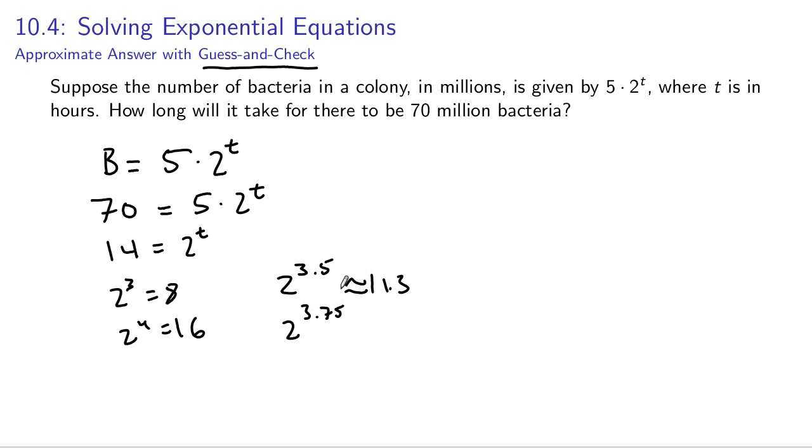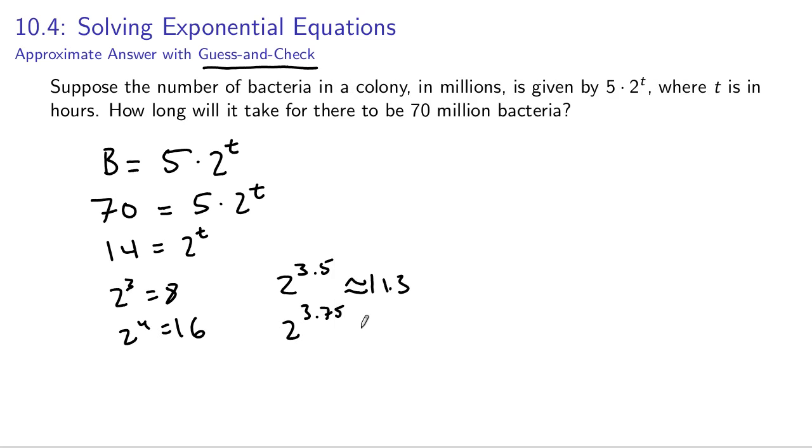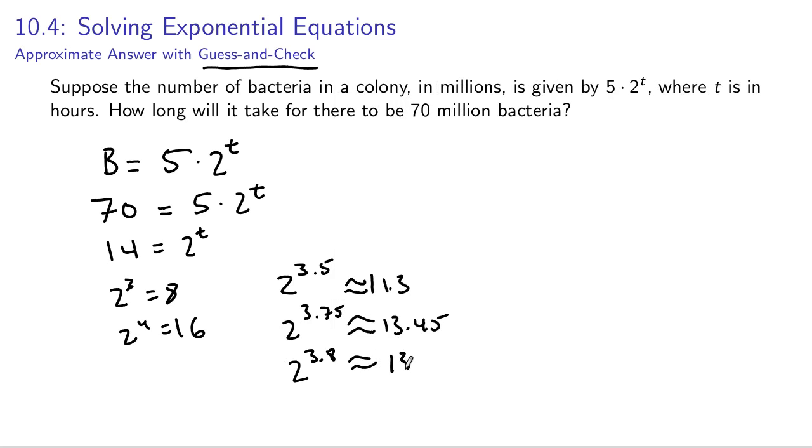I'm just going in between, trying to shrink the possible interval where the answer might be. 13.45, so we're getting closer to 14. What about 3.8? Since we're already close, 2 to the 3.8 power is 13.93. We're getting much closer. We're not quite to 14.